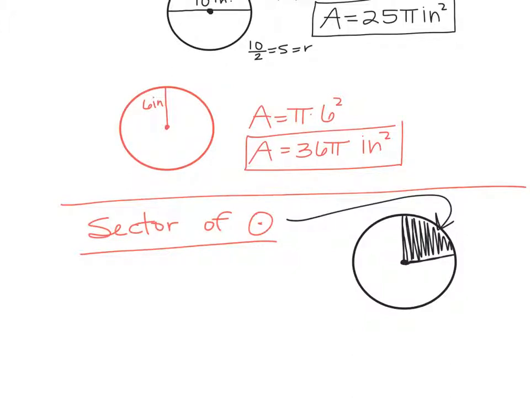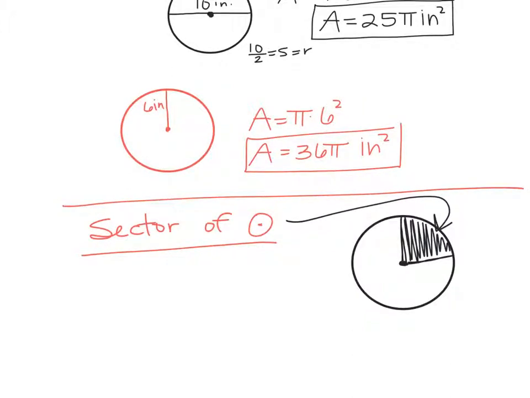Now think about what that is, okay? When we did the length of an arc, we found the length all the way around the circle, and then we took a fraction of that length, the measure of the arc over 360, to create the fraction of the circumference. Today, we're talking area. So we know how to find the area of a circle. We're going to take a fraction of that area.